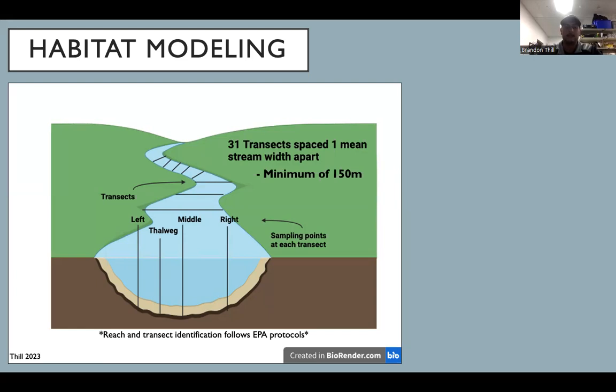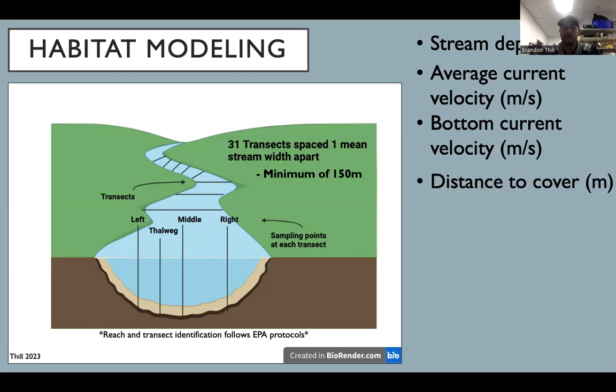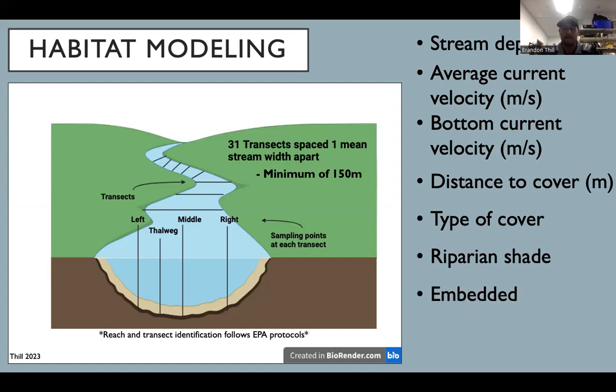So at each of these points, we measured 8 variables, and those variables included stream depth, average current velocity, bottom current velocity, distance to cover, type of cover, if riparian shade was of influence or not, if that point was embedded, and the overall substrate composition of that point.